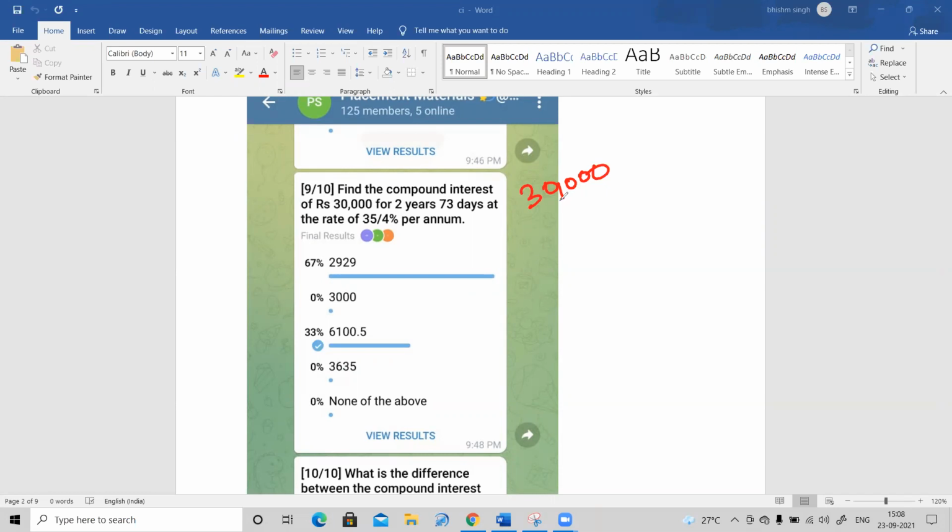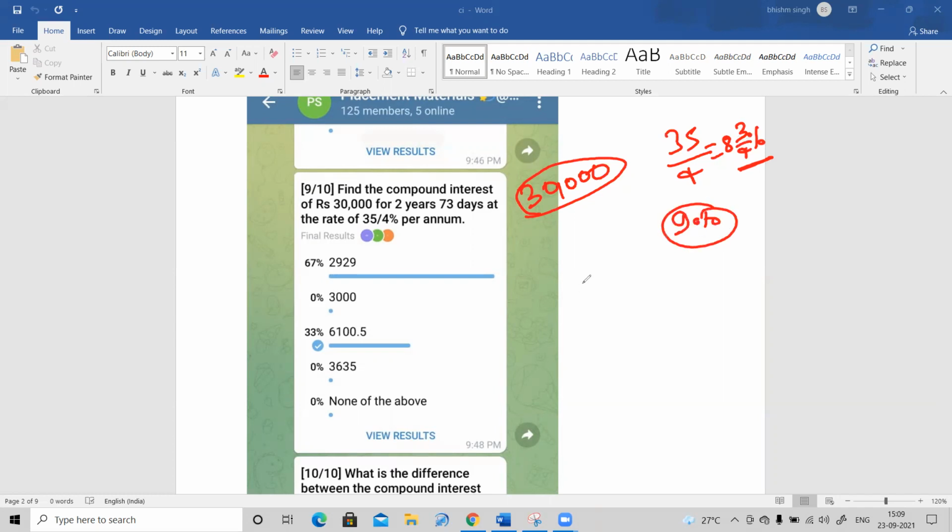So what we can do in this one, I will tell you one thing. 35 by 4% is how much? You see everyone, 4 8 32, and 83 by 4%. This is your net percentage, 83 by 4%. If you take it, almost this is 9%, take 9% for the time being.